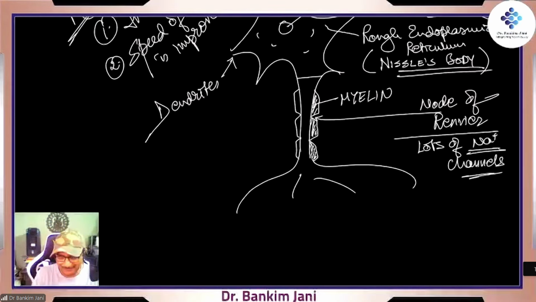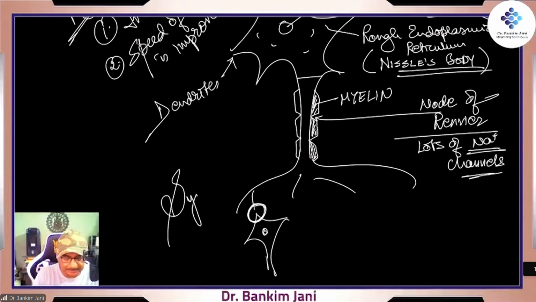So over here, this would be in connection with another neuron. So let's say this is another neuron which will be connected. This particular junction is what is called the synapse.